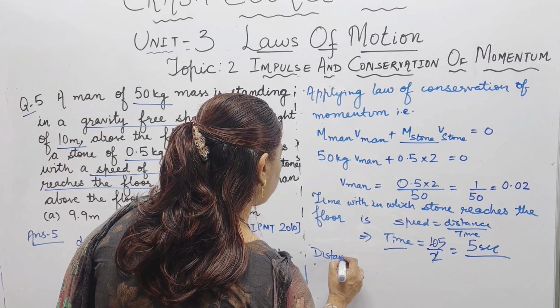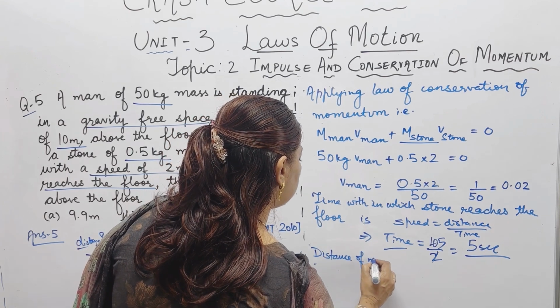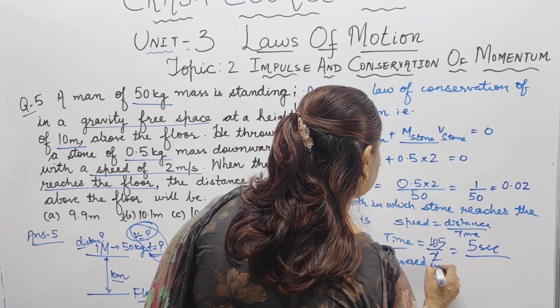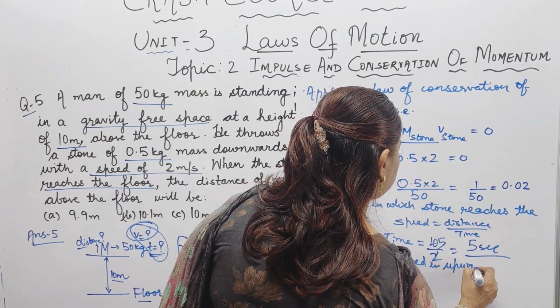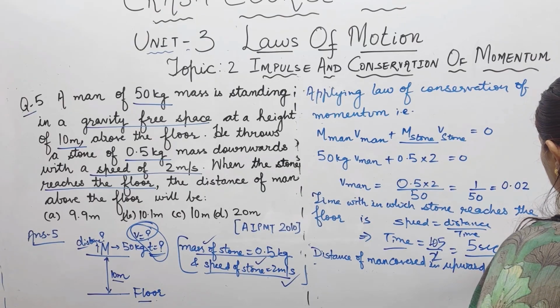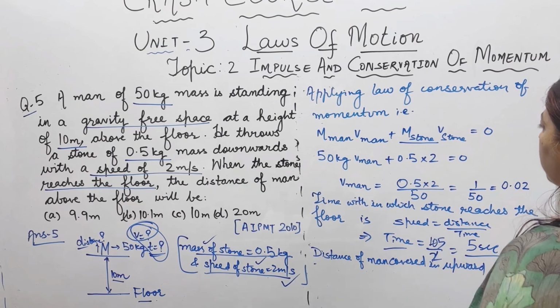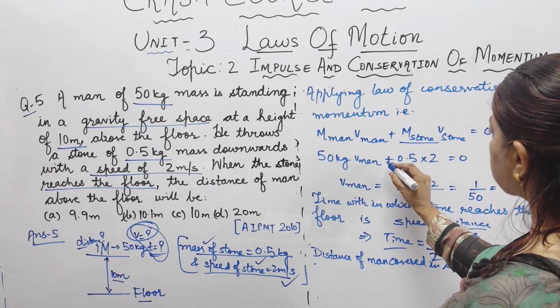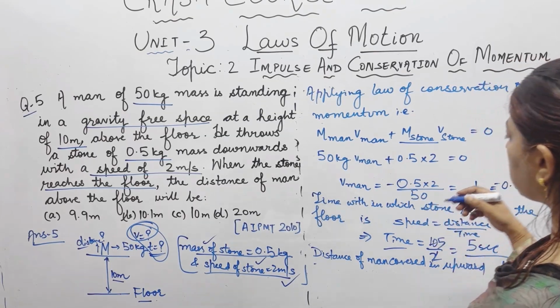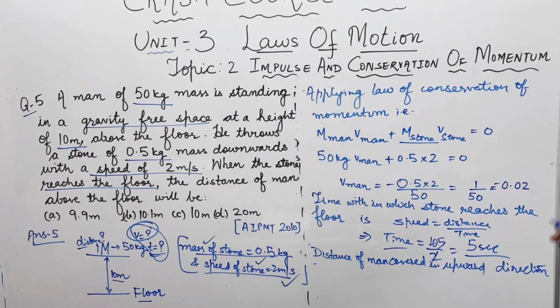Distance of man covered in upward direction. One more thing is there, this side it has come with the minus sign. This minus sign is showing they are in the opposite direction.